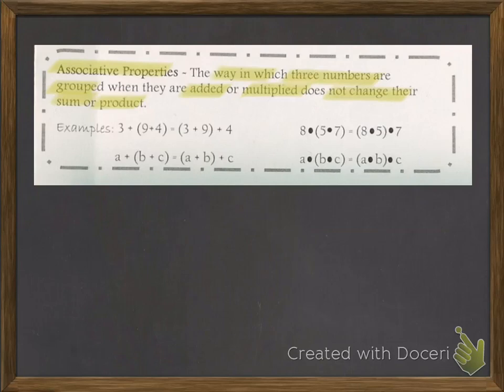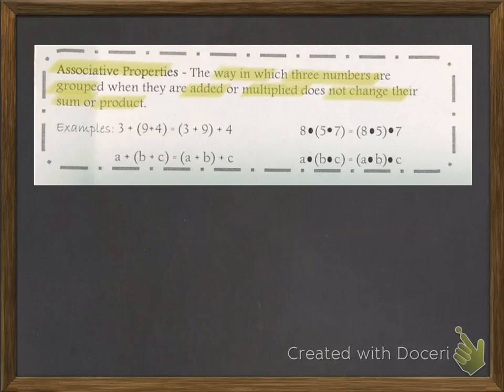So we would have A plus B in parentheses plus C equals A plus B plus C in parentheses. So it's saying that no matter what numbers we have plugged in for A, B, and C, when we group them both of these ways, we're still going to have the same sum.